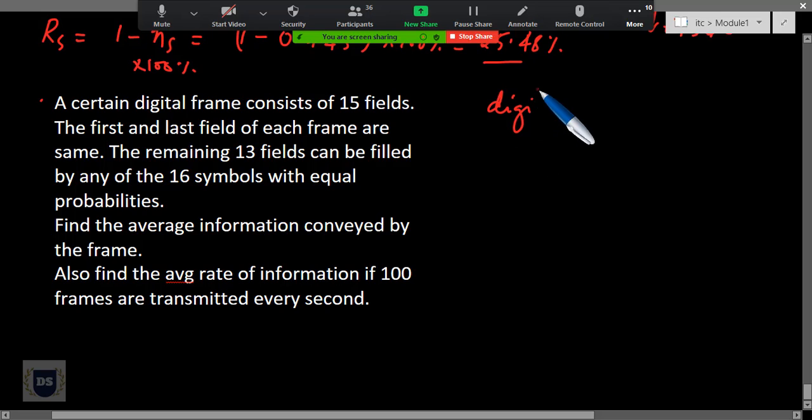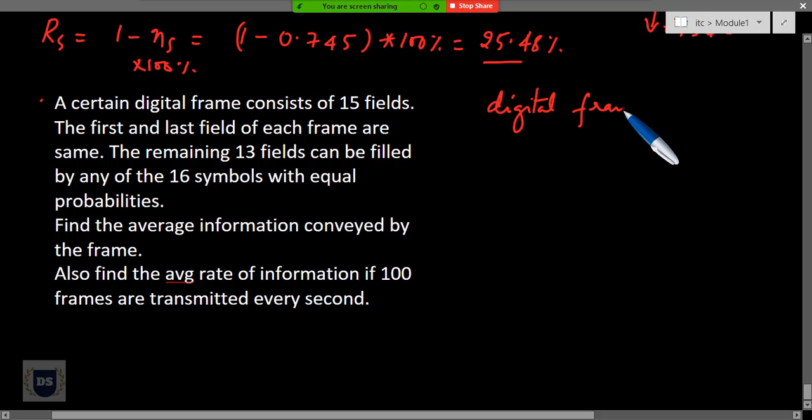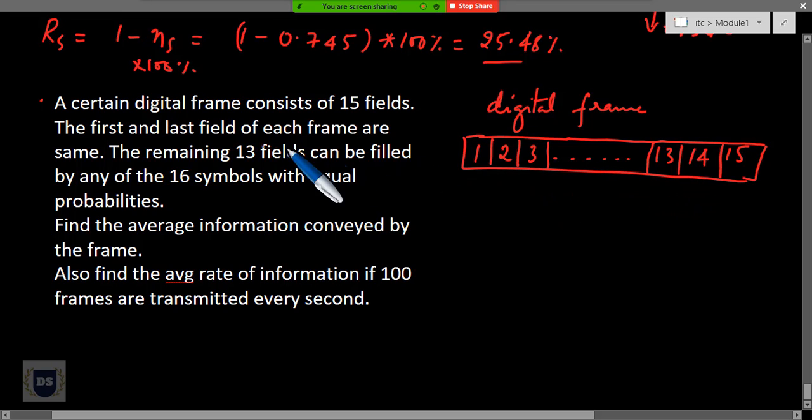So they are telling that there is a certain digital frame consisting of 15 fields. Field number 1, 2, likewise 14 and 15. So I can think of this as a digital frame. Each of these fields are separate. Over here, field number 1 and 15 are same for all the frames, and the remaining 13 fields can be filled by any of the 16 symbols.